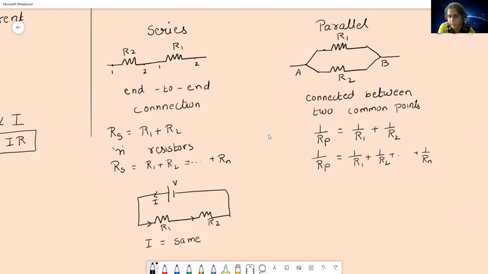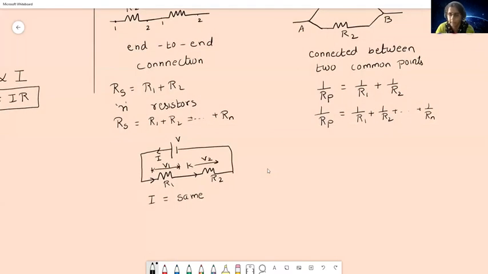But what about the voltage across R1 and R2? That is not going to be V, it is going to be different. The voltage across R1 is V1, and across R2 is V2. So here the current will be the same through R1 and R2, but the voltage is going to be different.